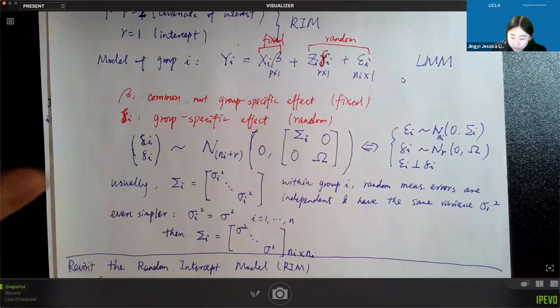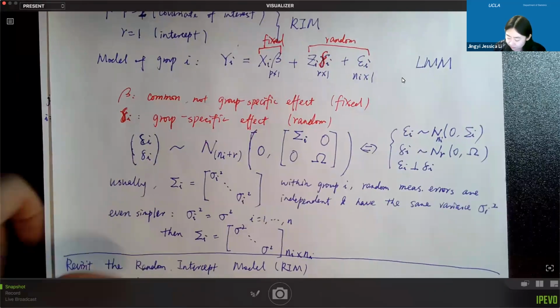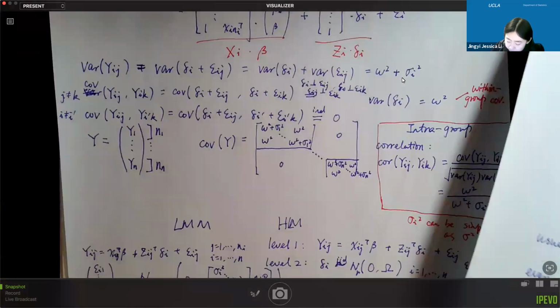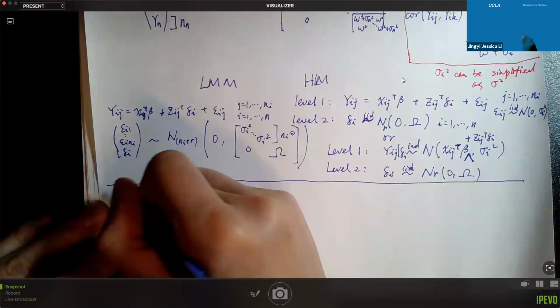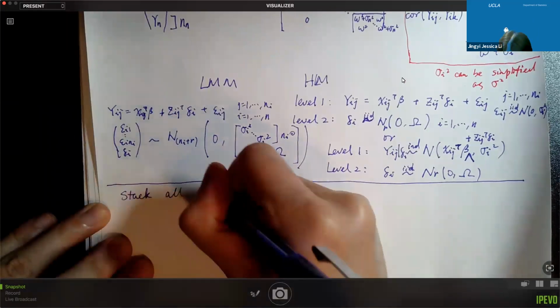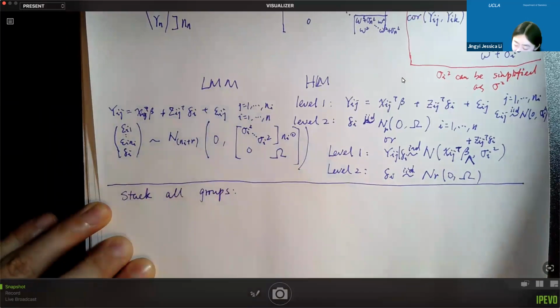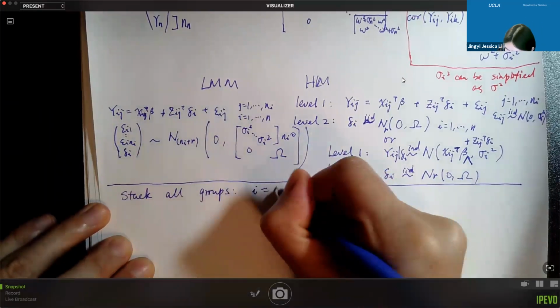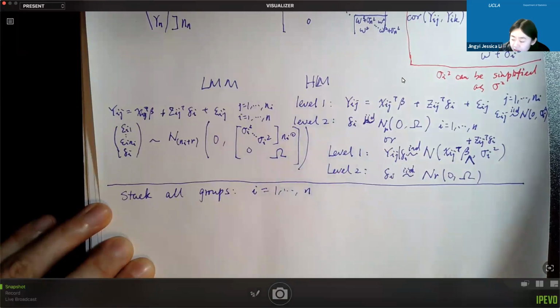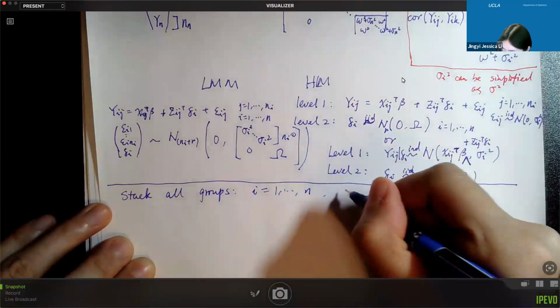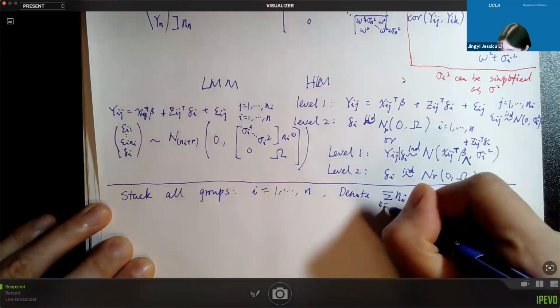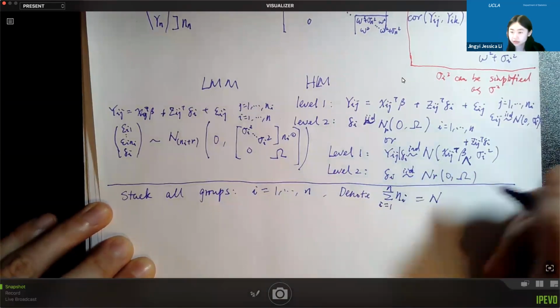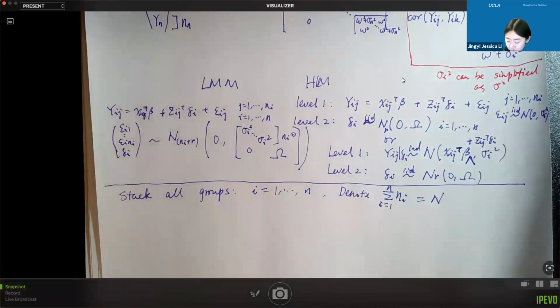So we have n groups, I from 1 to n. And now I'm going to give you a notation for the number of observations across all groups. We denote the summation of ni, I from 1 to n, as capital N. That's the total number of observations.